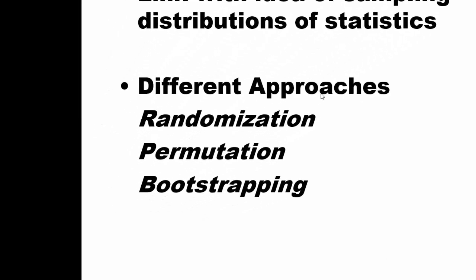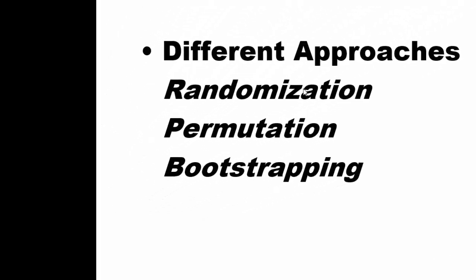And there are different approaches. We're going to talk about randomization, and that's essentially a version of permutation. Randomize the data in different ways to generate the sampling distributions by resampling from our data many times, and we're going to contrast that with a different form of randomization in a later screencast when we talk about bootstrapping.